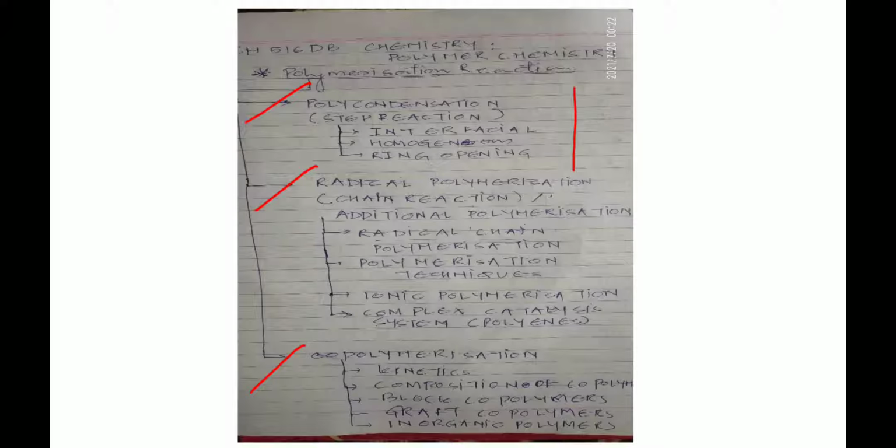One more thing is that polycondensation reaction is also called the step reaction, or step growth reaction. The three areas we are going to cover are interfacial, homogeneous, and third is the ring opening kind of condensation polymerization. I think these are some of the types of polycondensation reaction.